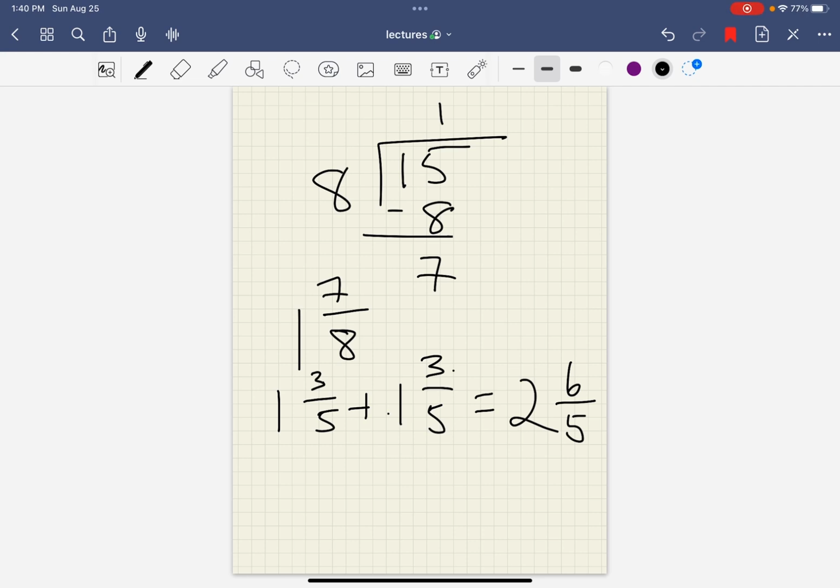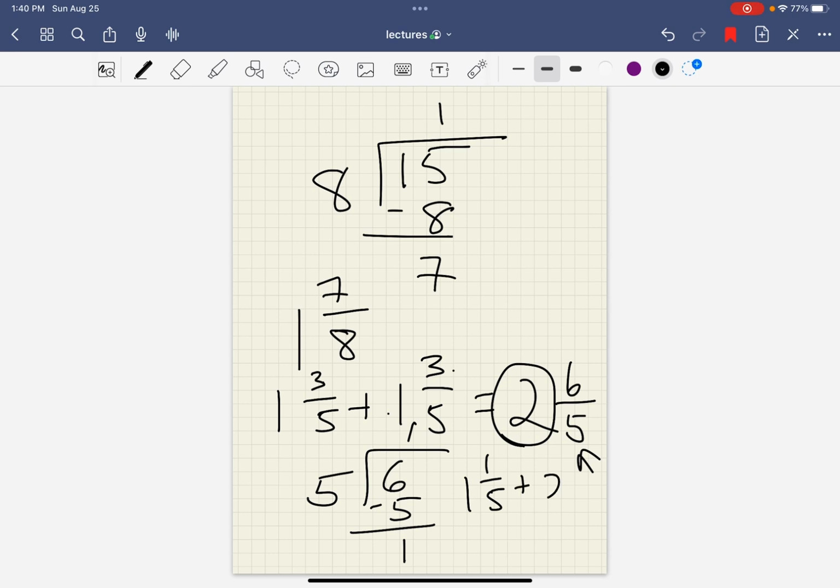So we can't leave an improper fraction in a mixed number. So we know we're going to have the 2, we'll add it to whatever we get here. So 6 is in the box, 5 on the outside. So 5 goes into 6 once. 1 times 5 is 5. So this right here is 1 1/5. And we add that to the 2. So 2 plus 1 is 3 1/5.